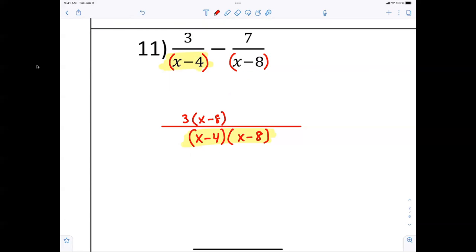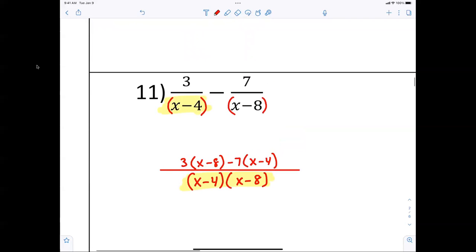What am I multiplying the second fraction by? By x minus 4. So you're going to put a minus 7, and an x minus 4. So essentially, I multiplied by x minus 4 on one, and x minus 8 on the other. And that's how I got the common denominator to be x minus 4 times x minus 8.